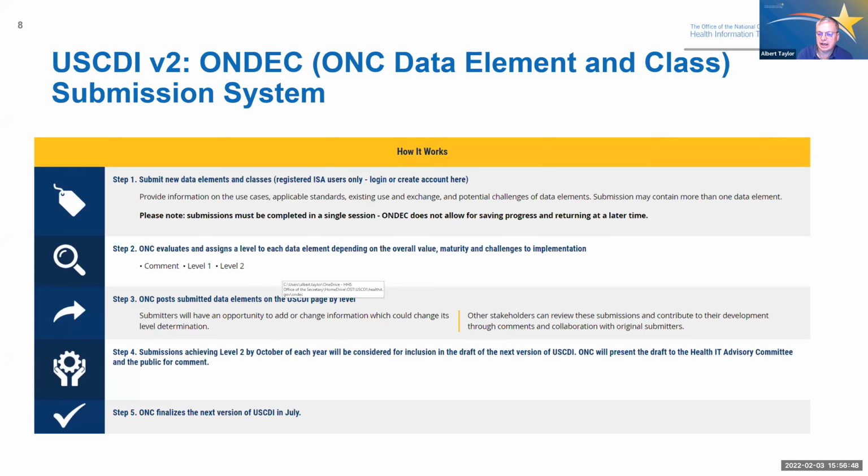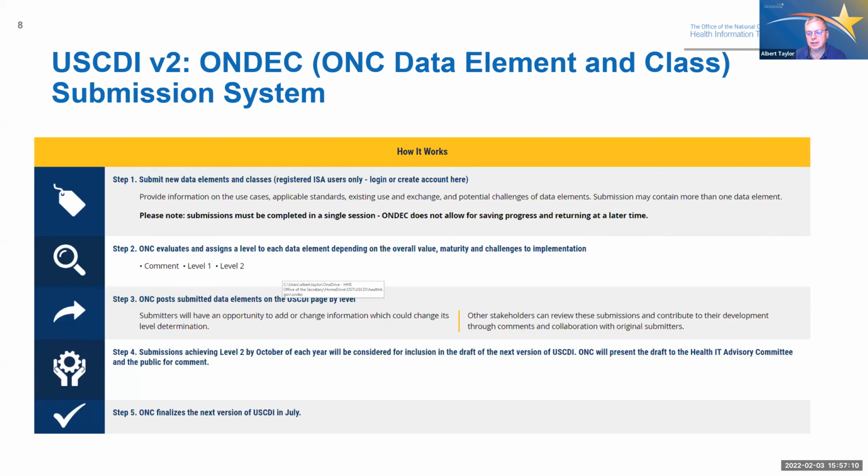What we put into a draft version of USCDI is then put out into the public realm for evaluation. Our Health IT Advisory Committee also looks at it and gives us formal recommendations about what ought to be included, maybe what ought to be taken out, and what ought to be changed in that particular draft version.